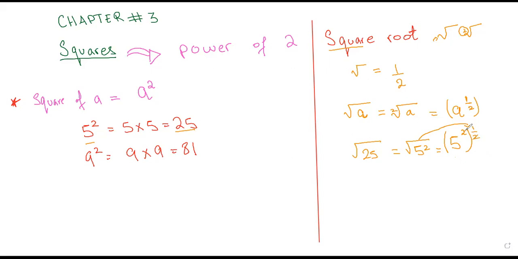Now this 2 and this 2 is cancelled and I get 5, okay? This is why under root 25 is 5, okay? Because the powers are cancelled, right? Are we clear in this? Yes, ma'am. Okay, and is this understood? Anything which you would like to ask? No questions?